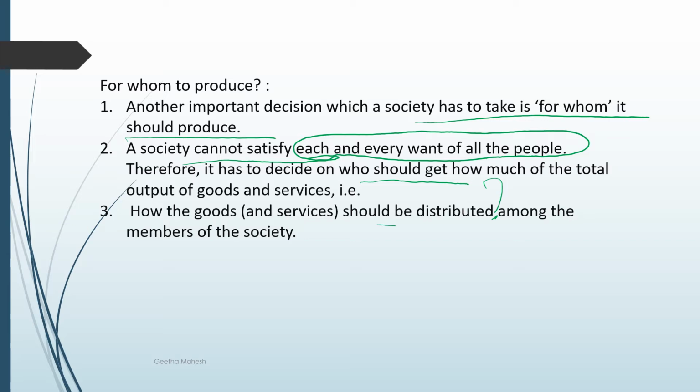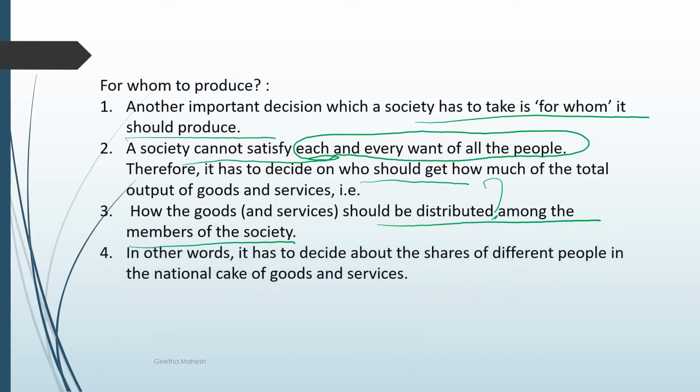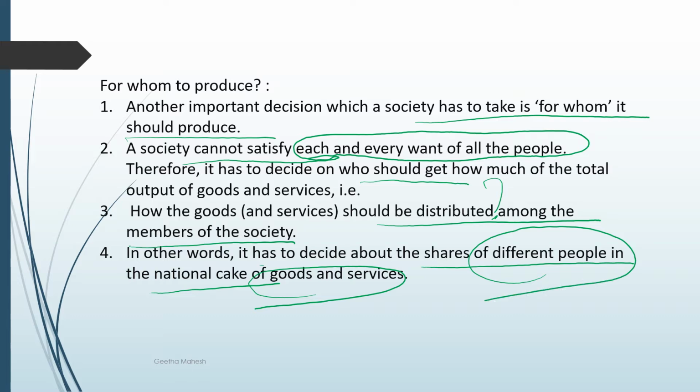How goods should be distributed among the members of the society has to be decided. In other words, it is nothing but sharing the national cake of goods and services among different people of the society.